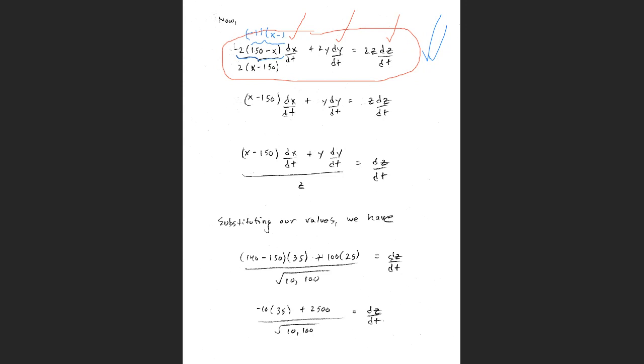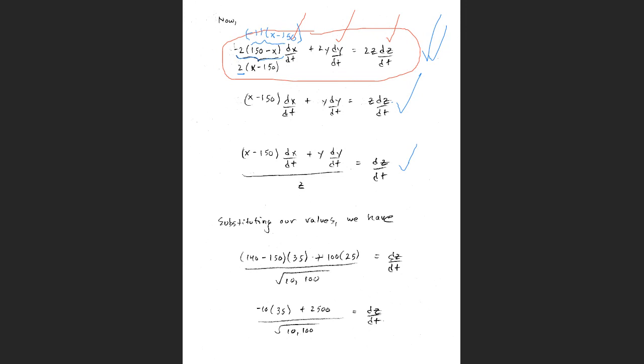I do that because that gets me a positive 2 out in front of the dx/dt. Then I divide by 2, and I can write dz/dt in a nicer form.